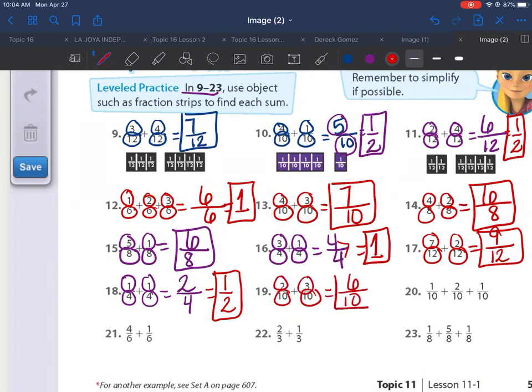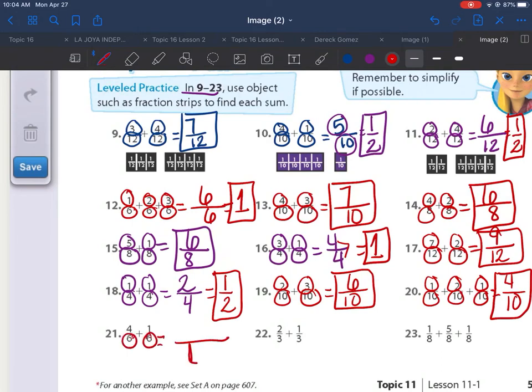Number 19, denominator stays the same. 2 plus 3 is 6. Number 20, denominator stays the same. 1 plus 2 is 3, and 1 is 4.